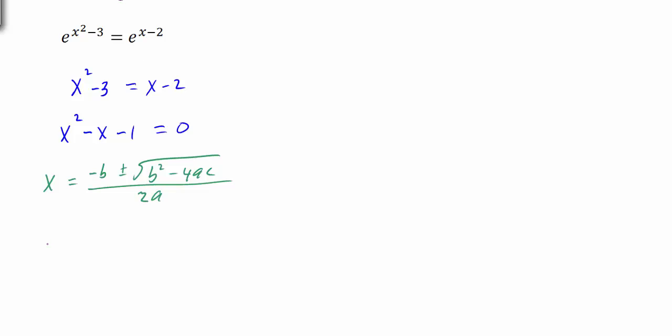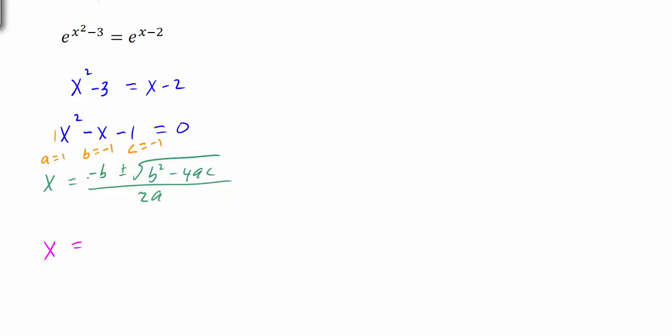So if we're going to plug into the formula here, we would have x equals, and let's see, up here we may want to write, remember this is a coefficient of 1, so a is equal to 1, b is equal to a negative 1, it's negative 1x, so this b value is a negative 1, and your c value is also a negative 1.